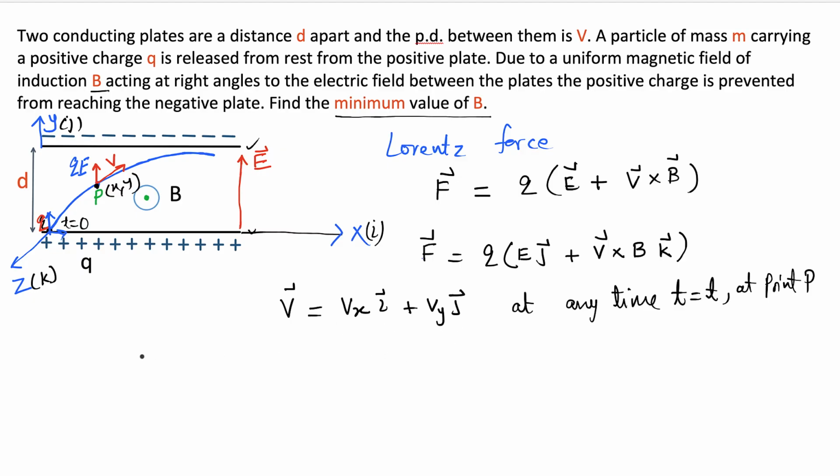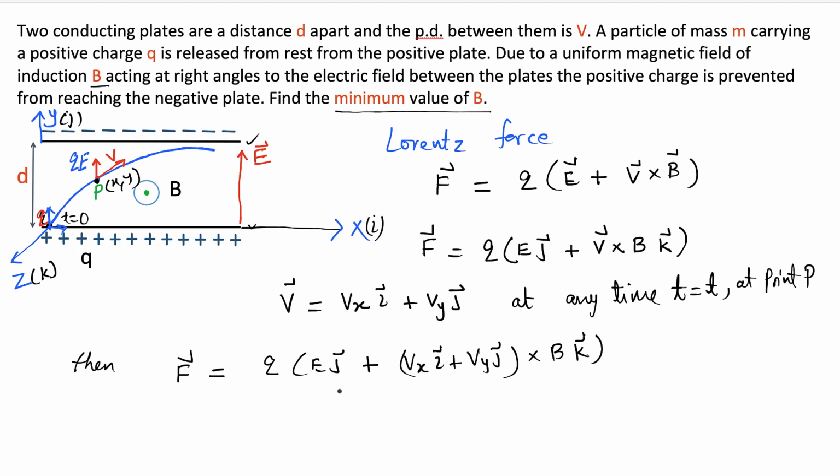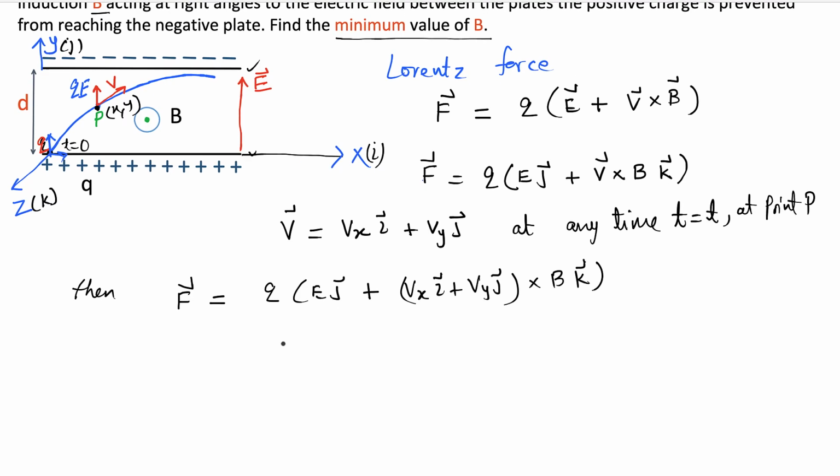So if we use this, the Lorentz force can be written as q(E j plus (Vx i plus Vy j) cross B k). Let's further expand this.